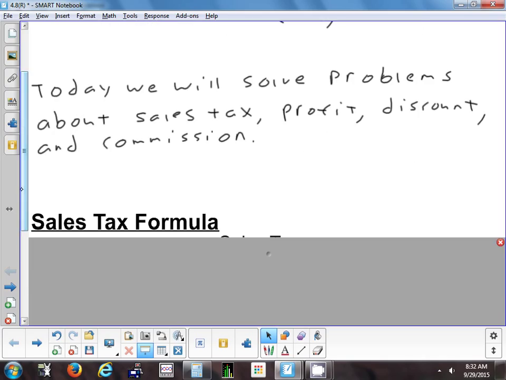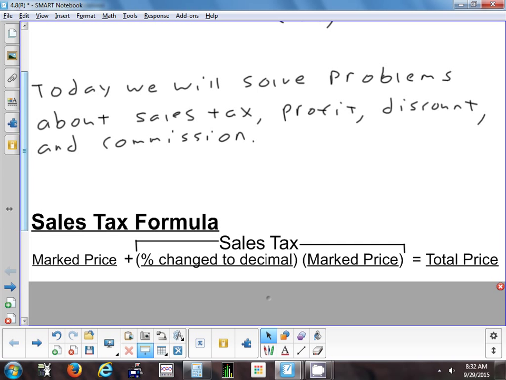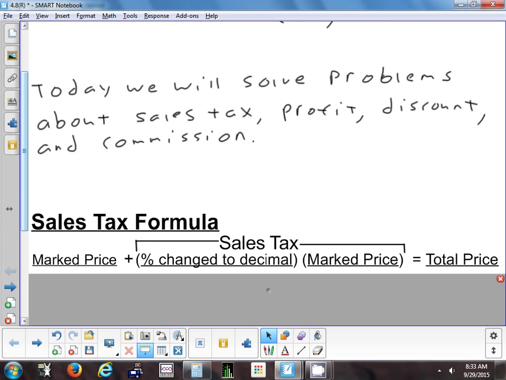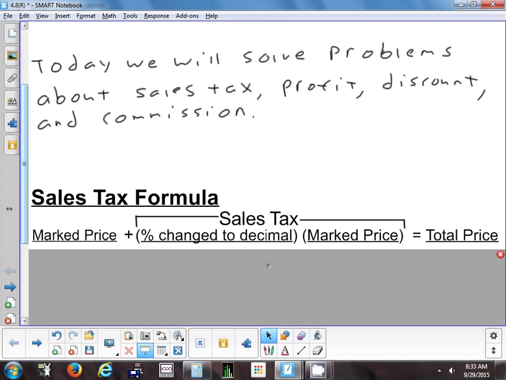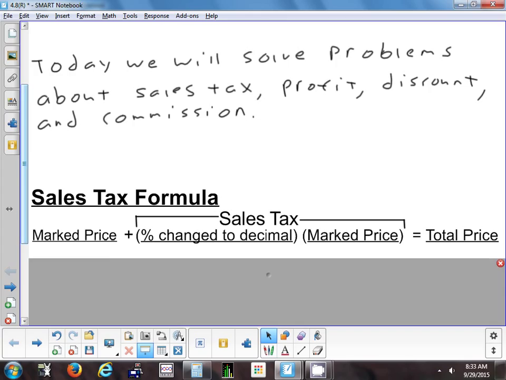Okay, the first one is your sales tax formula. To find what an item would cost you at the store, you take the marked price of the item. That's the price if you picked it up and looked at the price tag.